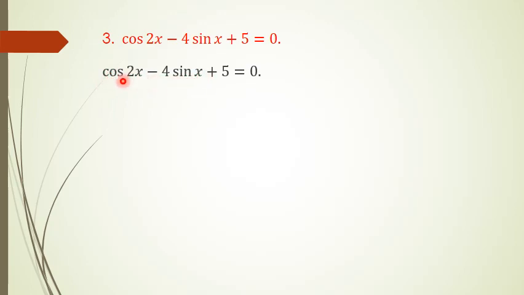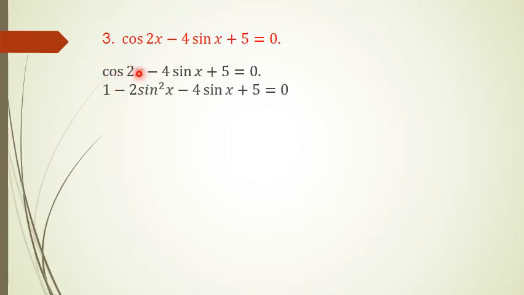We must express the equation in only one. Since we can make a substitution here using the double angle formula and we have options, we choose the one which has sine only so that we create one trig function. So we choose the double angle formula for cos 2x, 1 minus 2 sine squared x.